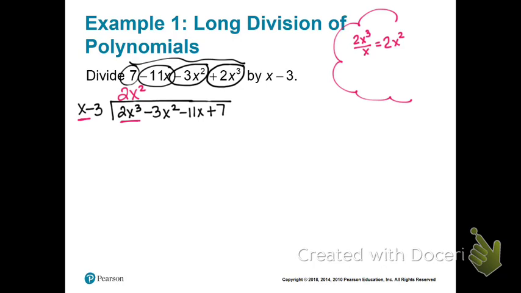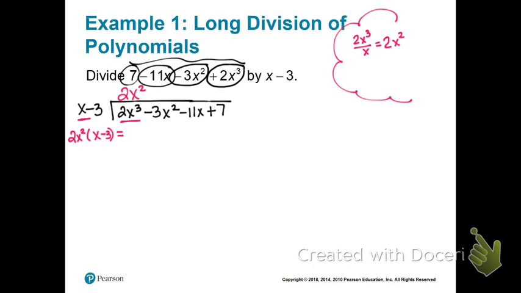Then what did we do? We're going to multiply that times everything on the outside. So that's why I put multiply by the outside. So I'm going to write this right here, and I'm doing this specifically because my answer is going to go right here underneath it, okay? So it was 2x squared times, on the outside we had x minus 3.